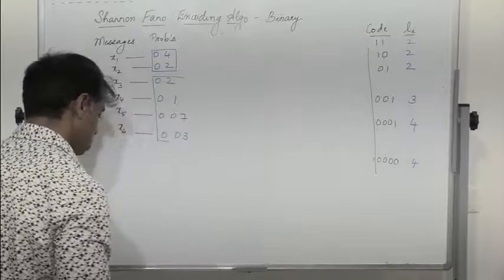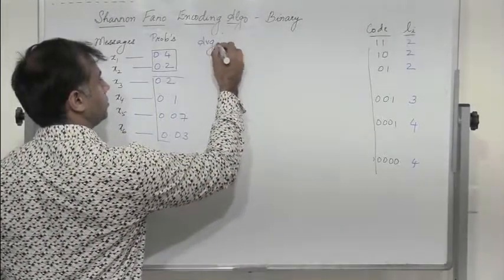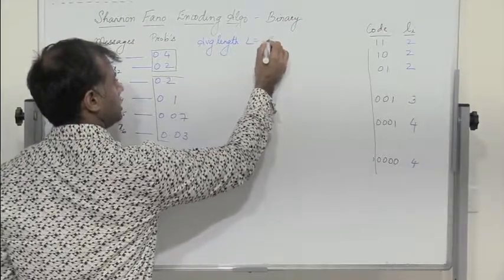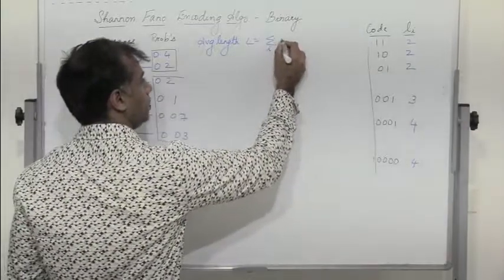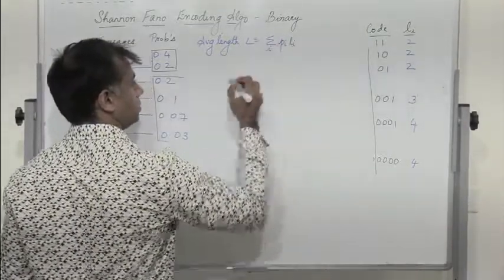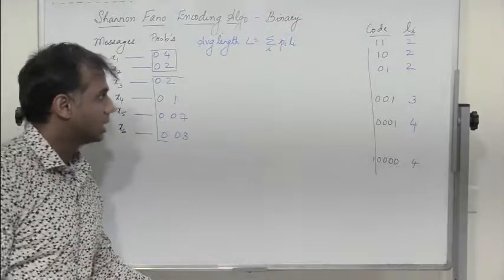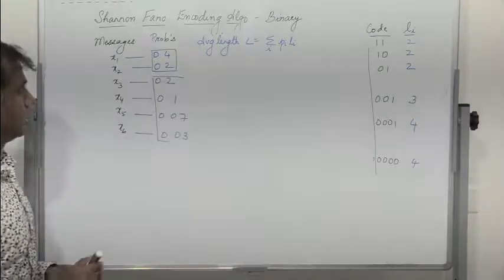So what is the average length L? The average length L is nothing but the summation over i, Pi Li. What does this mean? The average length is nothing but the length of the code into its respective probability. Right? So what is L?